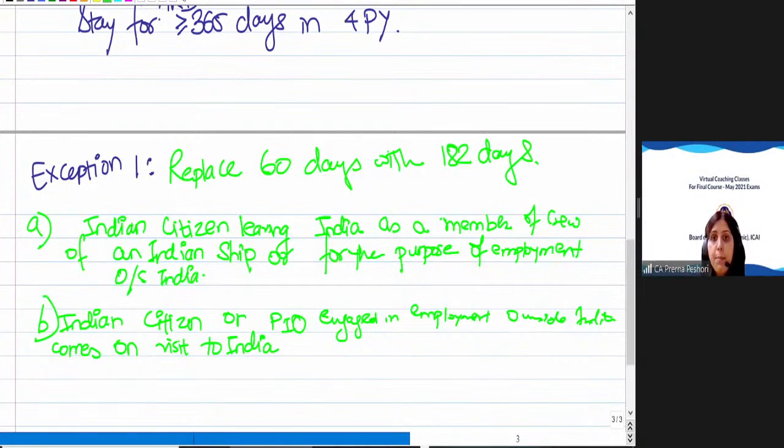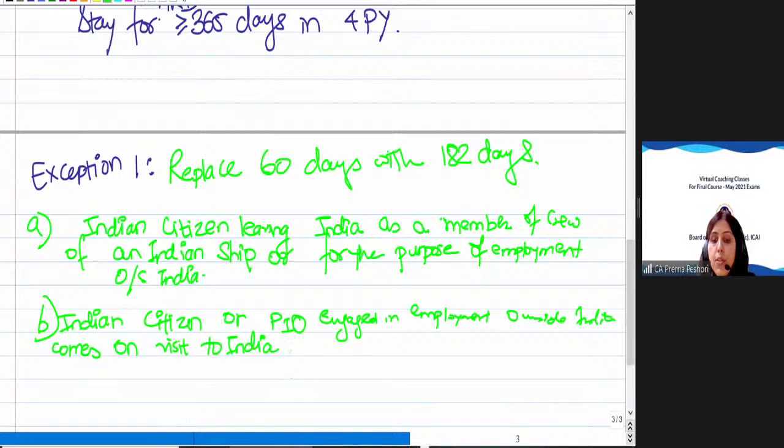So if, for example, I have always been outside India, engaged in employment outside India, and I'm coming for a visit to India, I can be in India for a period of 182 days. In that case, the 60-day condition will not be counted. So a citizen of India or person of Indian origin who, being outside India, comes on a visit to India, can come for 182 days. Is it clear?